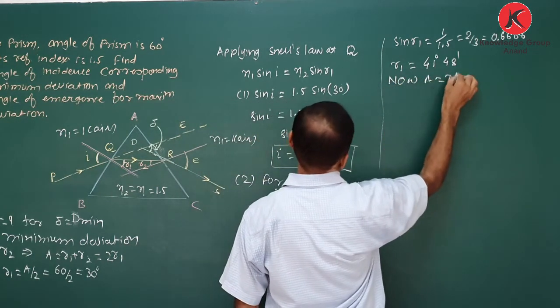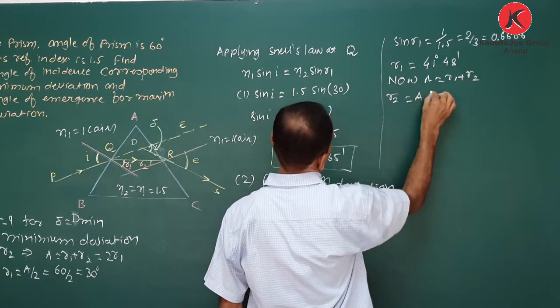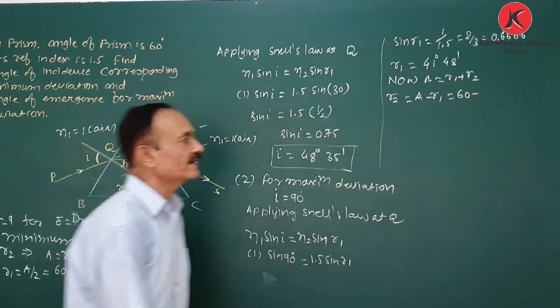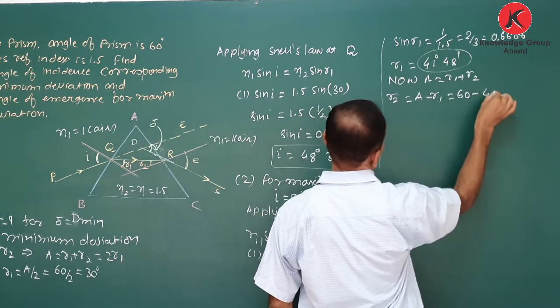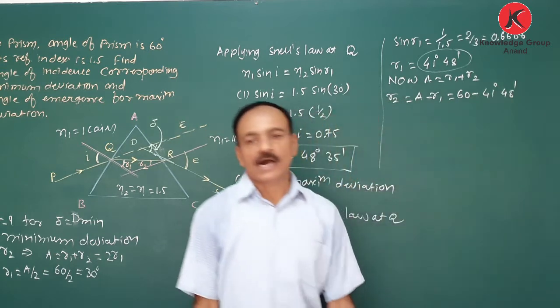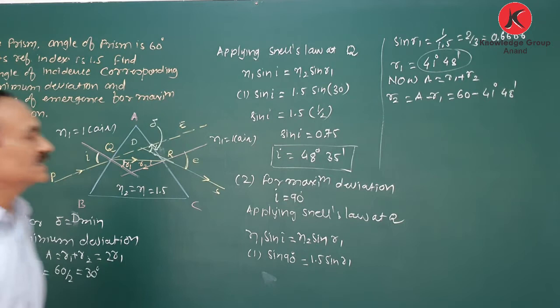A is equal to r1 plus r2. Therefore, r2 is equal to A minus r1, that is 60 minus r1, and r1 is 41 degree 48 minute. How do we subtract this value?